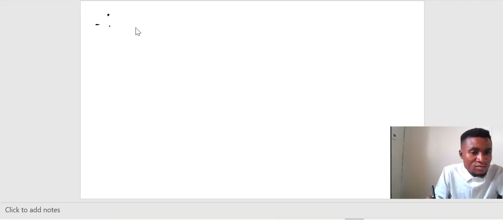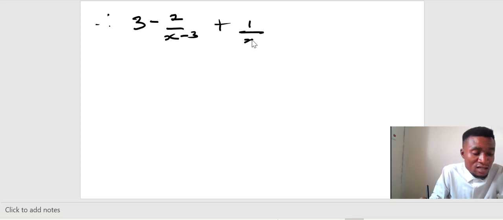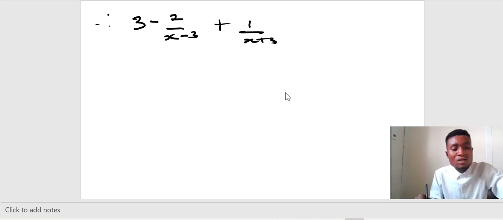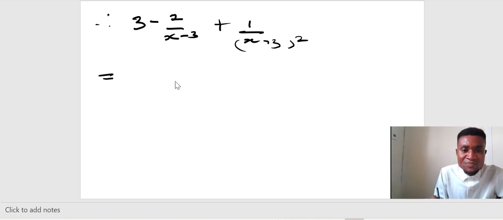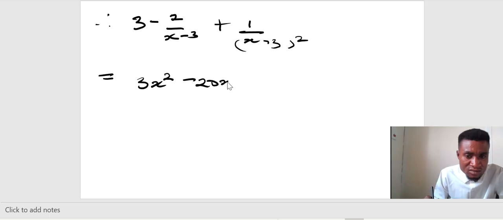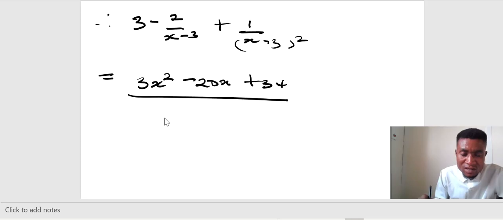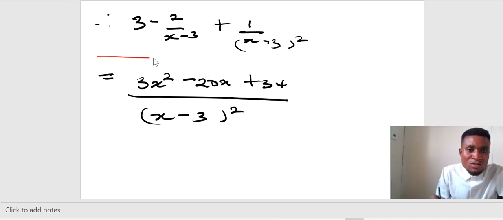Therefore, we have 3 minus 2 over x minus 3 plus 1 over (x minus 3) squared equal to 3x squared minus 20x plus 34 divided by (x minus 3) all squared.